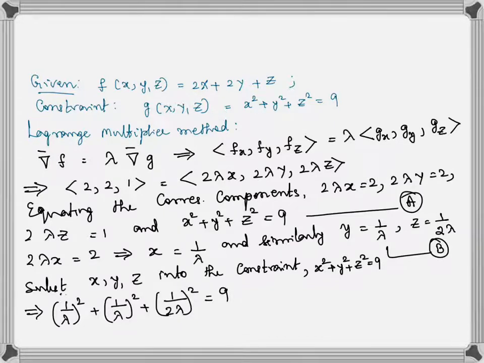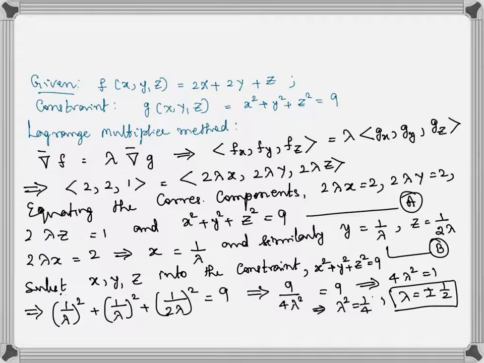Simplifying this, we get 9 over 4 lambda squared equal to 9, or 4 lambda squared equal to 1, or lambda squared equal to 1/4, and taking the square root on both sides, we get lambda equal to plus or minus 1/2.